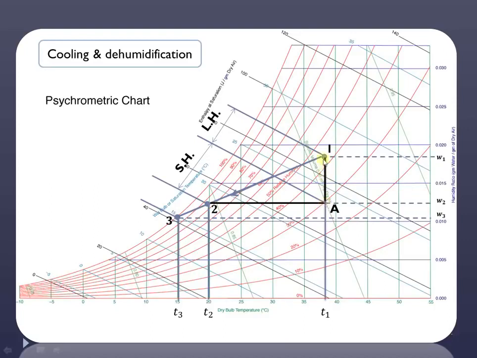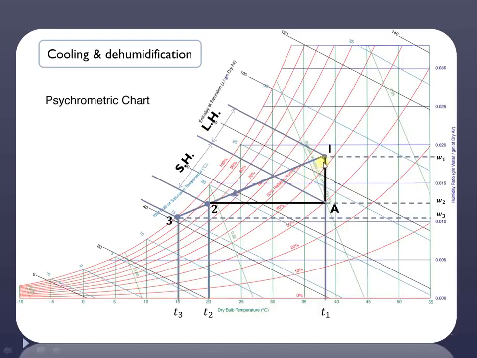Whereas from 1 to A, if you consider, in this particular case the dry bulb temperature remains constant, but there is a change in the specific humidity or moisture content of the air. The moisture content of the air decreases, and therefore it is a dehumidification process. And as the dry bulb temperature remains constant and there is a change in the specific humidity or moisture content, this part of the process is known as the latent heat process.